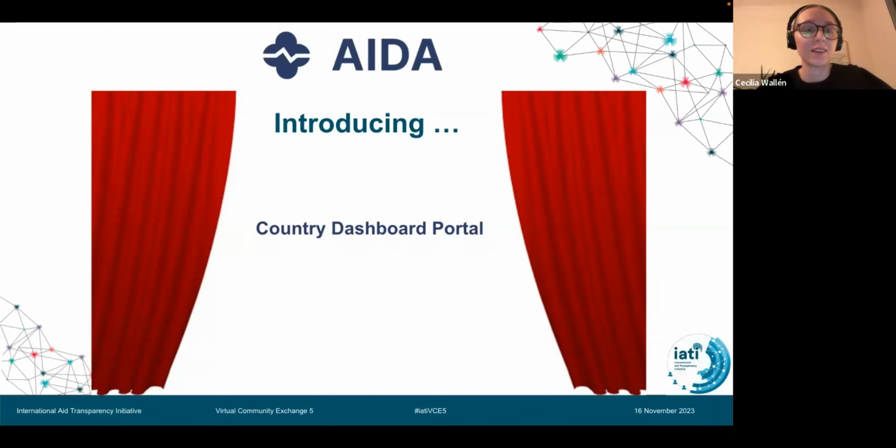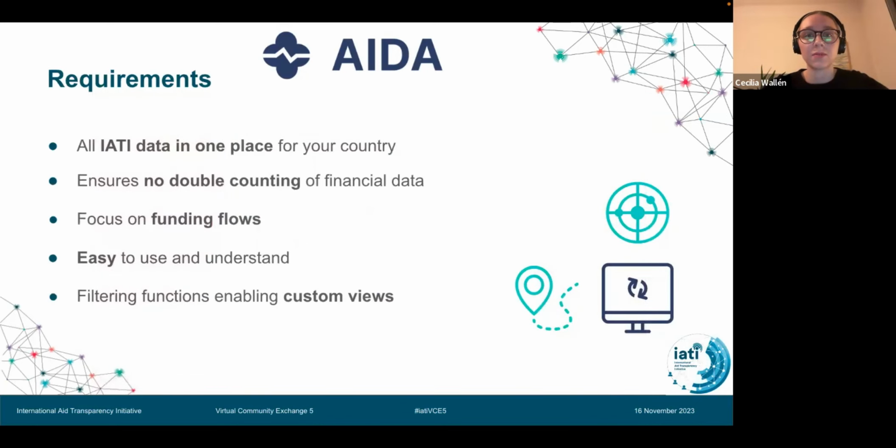Thank you, Maike. As Maike just mentioned, there are already a couple of tools that do visualize the data that's out there, but what we essentially want to do is to elaborate on these already existing tools and build an improved and upgraded version of what is already out there, connecting the different opportunities.